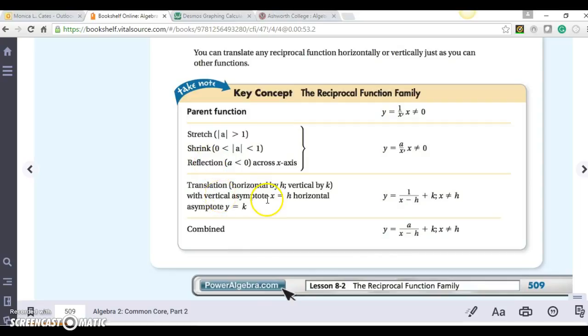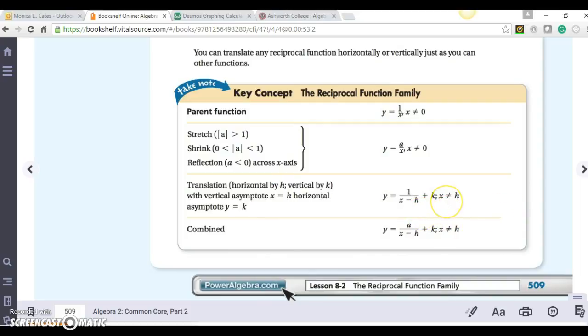For translation horizontally and vertically, my horizontal translation is given to me by h, and my vertical translation is given to me by k. So vertical is up and down, and horizontal is left and right. And it also tells me the asymptotes. The vertical asymptote is going to be my h, so it is x equals h, and my horizontal asymptote would be y equals k.